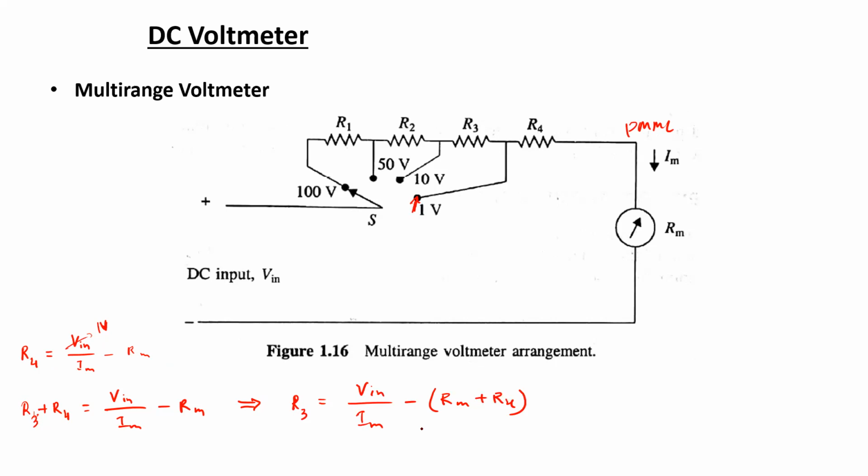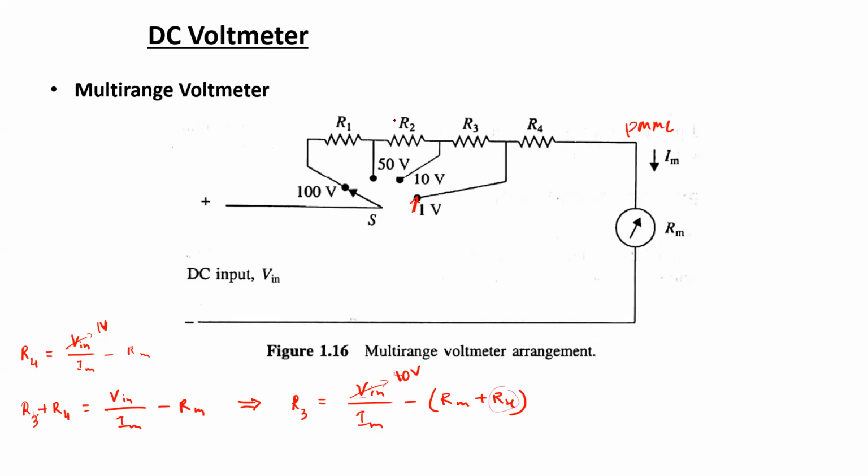So using this second equation, the value of R3 can be determined, where the value of Vin should be set to 10, and according to this diagram, it should be set to 10 volts, and all the other values should be used as per the mentioned data and the calculated data.